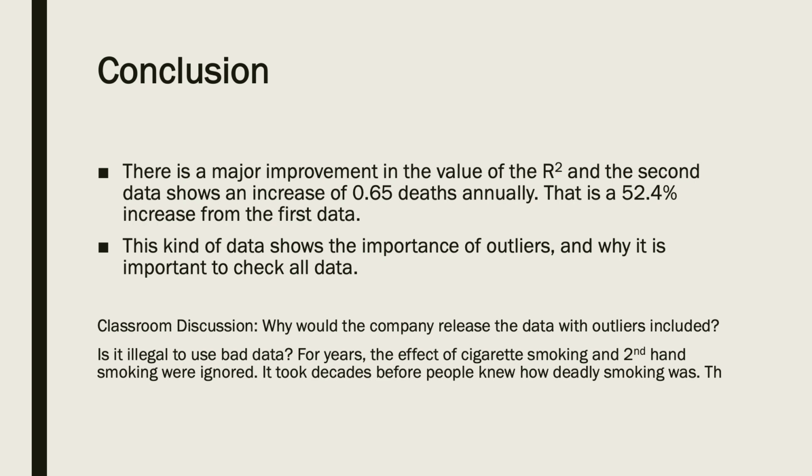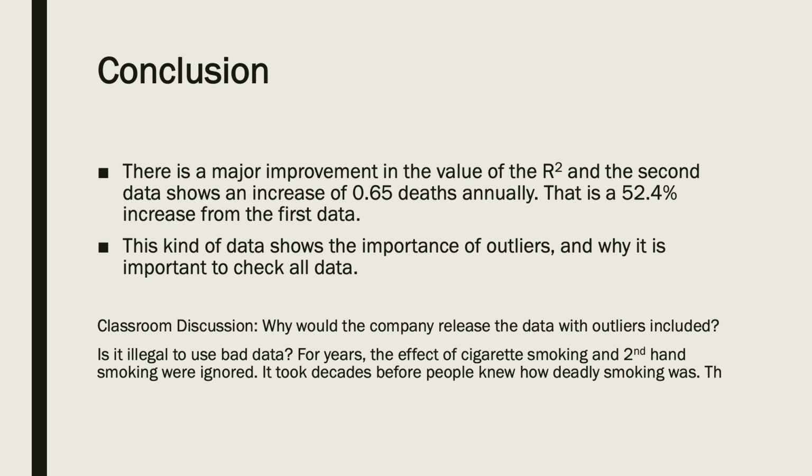But sometimes, whether you decide to use an outlier or not, that's not illegal in its way. But a company should always try to do good, and so you should always try to release data that truly shows that you've done what is needed to make the data legit.